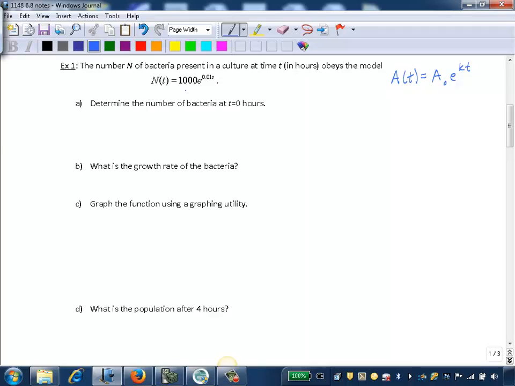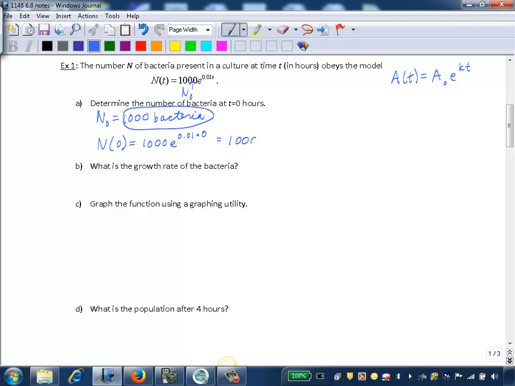So the way this is written, our n sub 0 would be 1000. Another way of looking at it, if we substitute in a 0 for our t, so if we take n of 0, we'll get 1000 times e to the 0.01 times 0.